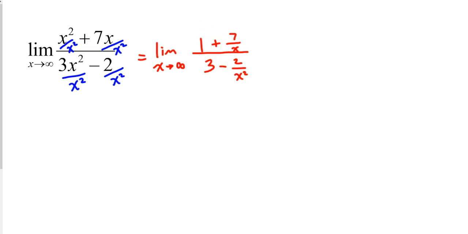All right, so let's consider what happens here. The limit as x approaches infinity of 1, well, it's just a 1. So that's still going to just be 1, right? It doesn't depend on what x is. The limit as x approaches infinity of 7 over x.